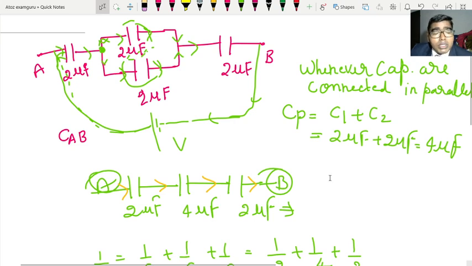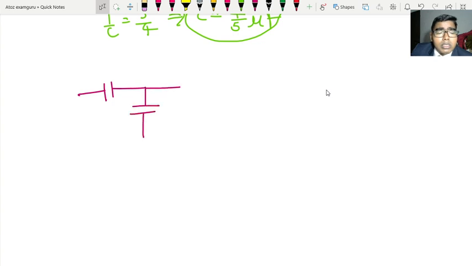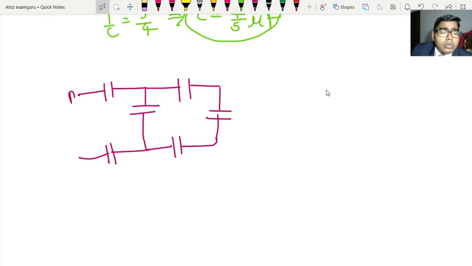Now move to the next question. Simply take another question, like this. This is node A, this is node B, and the capacitance of each capacitor is 2 microfarad.